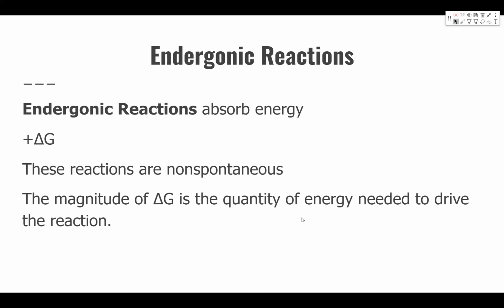The magnitude of delta G, whether that delta G is 1 or 101, it will still need an energy input. But that delta G of 1 will need less of an energy input than the delta G of 101. The magnitude of that delta G tells us how much energy we need to get the reaction started. So, a low positive number takes a lot less energy to get going than a high positive number.